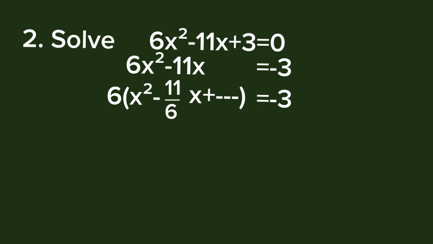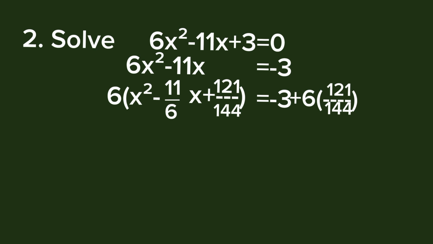To do that, we get 1/2 of 11 over 6, which is 11 over 12. And then square 11 over 12, and that is 121 over 144. In the right side of the equation, we add 6 times 121 over 144.